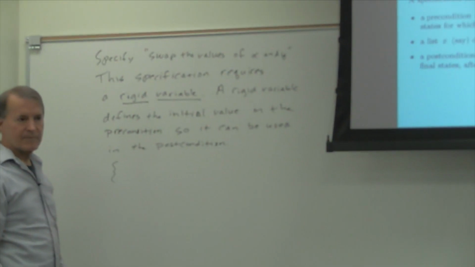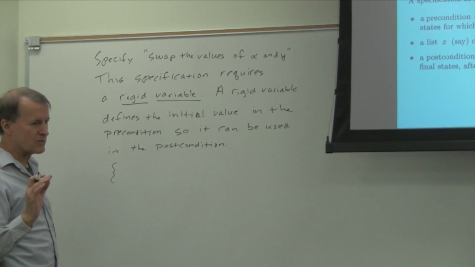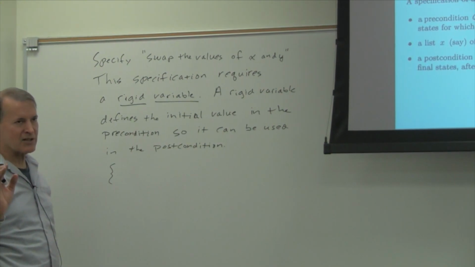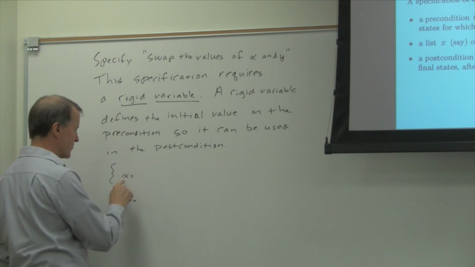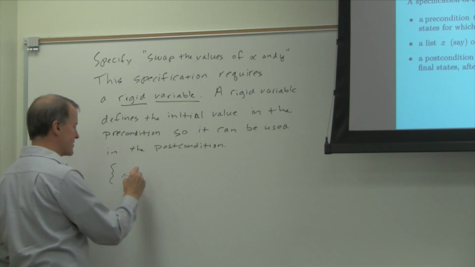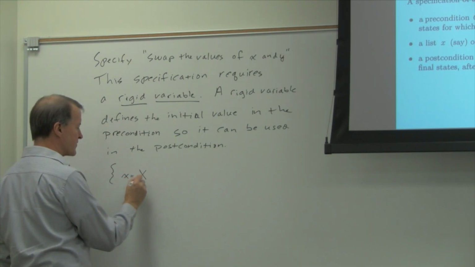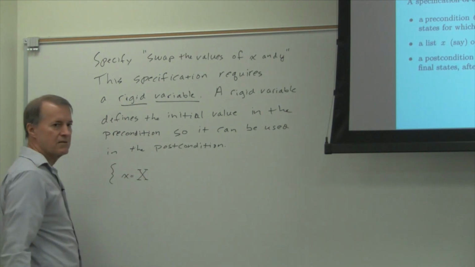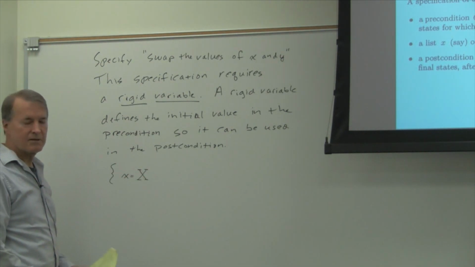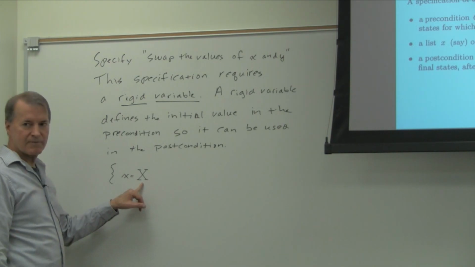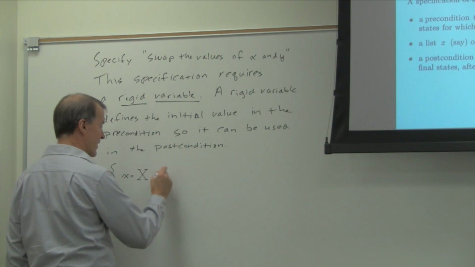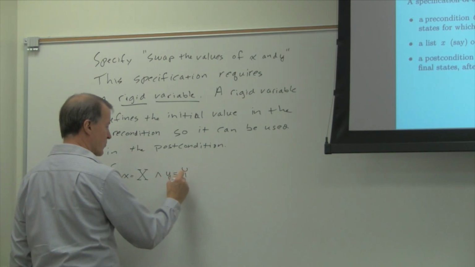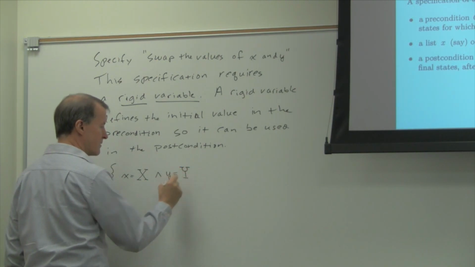Here's the convention. What we're going to do is say x equals, so this is the variable, and the rigid variable is, by convention, uppercase, and we put serifs on it. Because we have to define the initial value for y, y equals rigid Y. Okay?